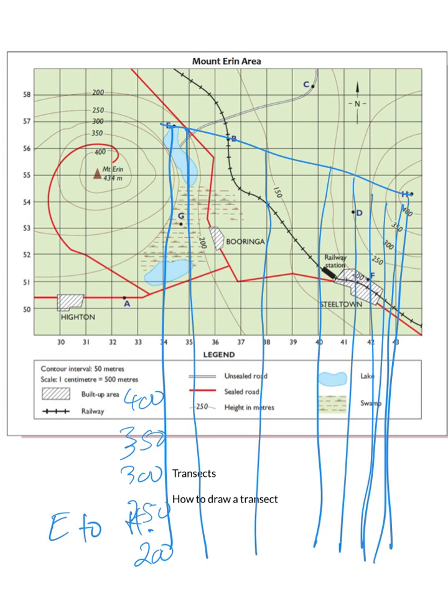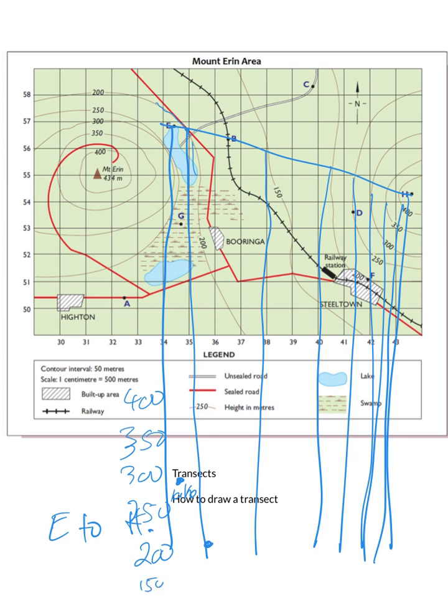So we know E is between here, 200 and 250, so we might say E drops down to here, and at that point we've got a lake. We then drop this one down, and that is a 200 down here. Drop this one down as 150.